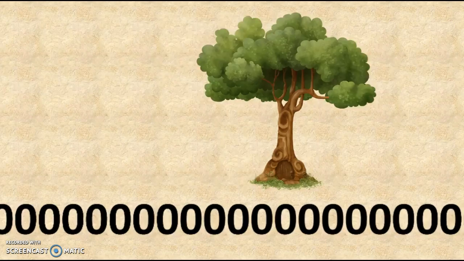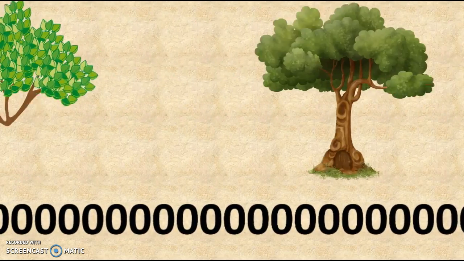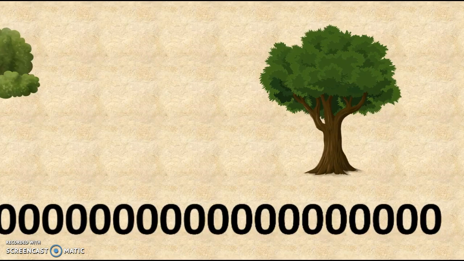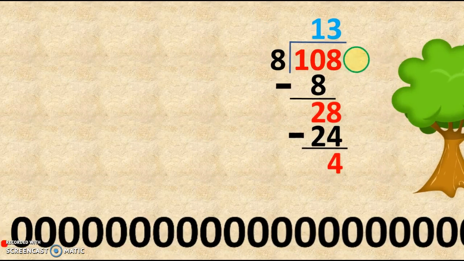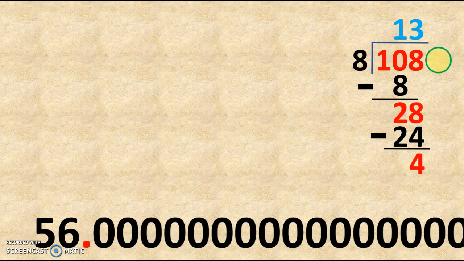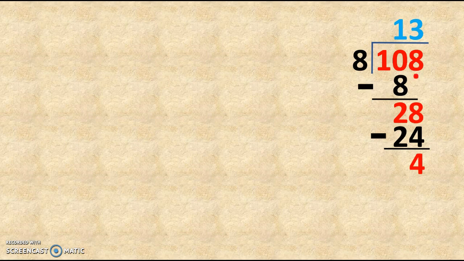If I add all kinds of zeros behind it, the value is still 56. So we can add zeros behind a number, behind a decimal point on a number, and not change the value. So if we take our decimal point and we put it behind our dividend, we can add a zero behind it and not change the value. Even with that decimal point and a zero after it, it's still 108, which then allows us to bring down that zero and give us a bigger number to divide by.